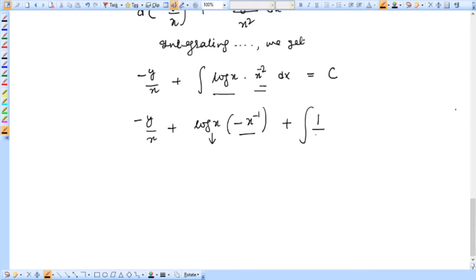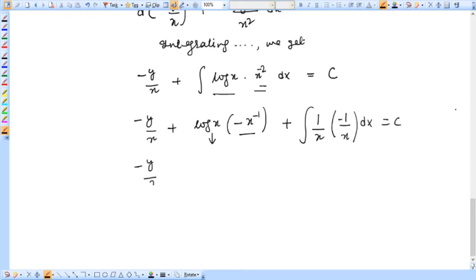Differentiation of log x would be 1 over x, and integration of x to the power minus 2 would be minus 1 over x, dx equal to a constant of integration.